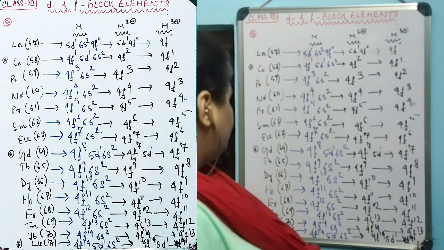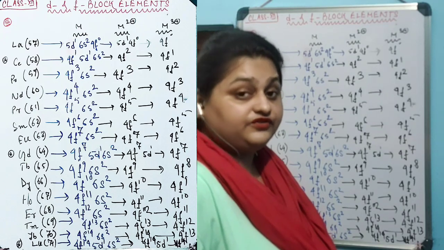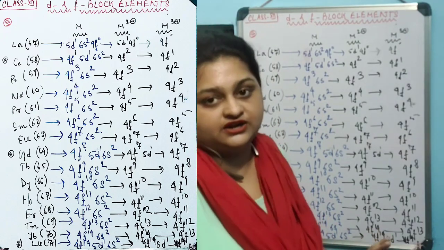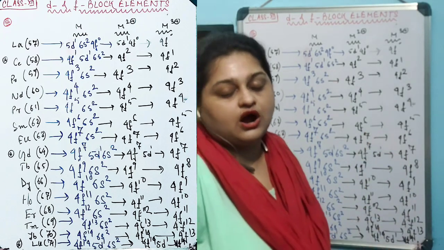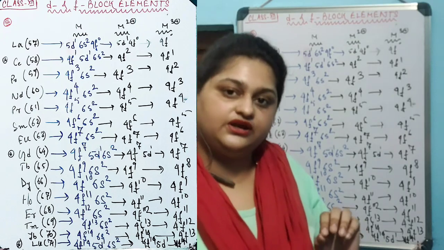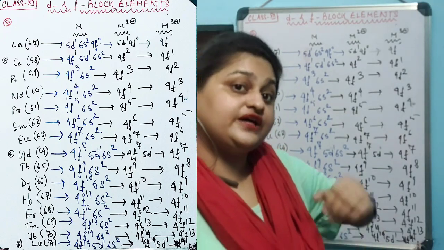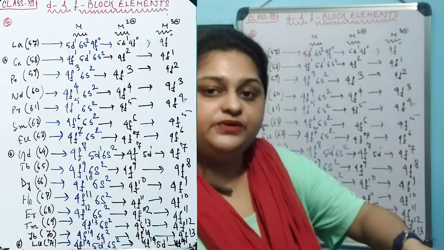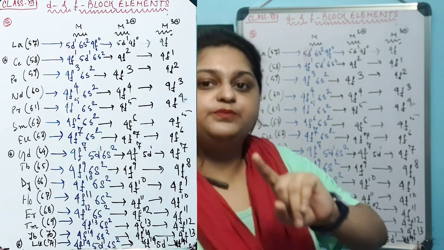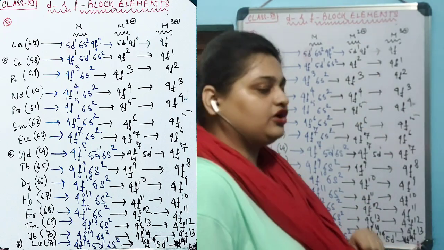If we start counting from lanthanum, the 15th element is going to be lutetium, the last one. Therefore, the electronic configuration in the plus 3 oxidation state is 4f14, that is, the position number minus 1 gives the configuration.